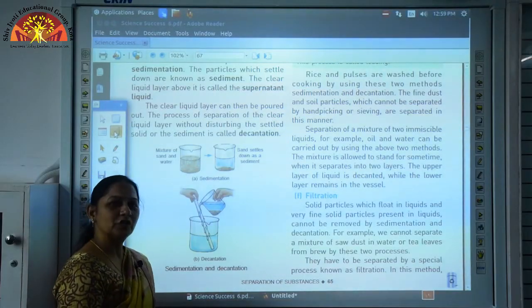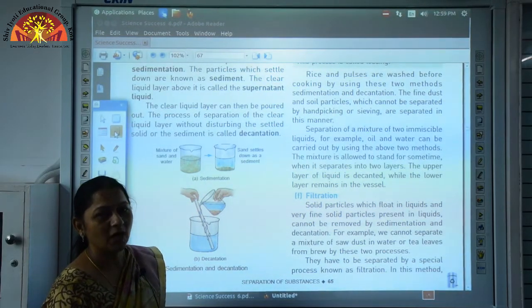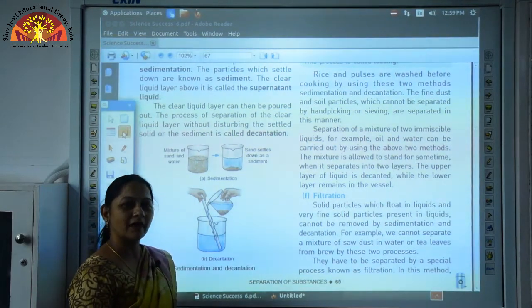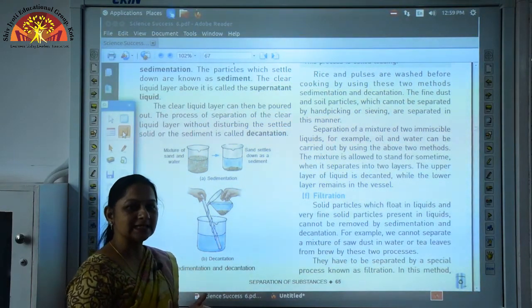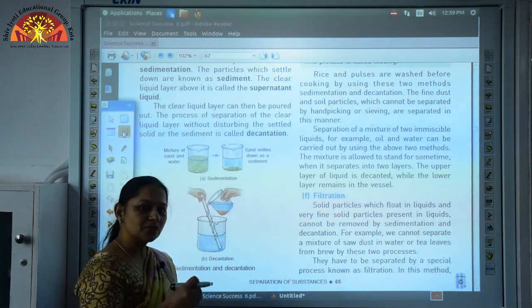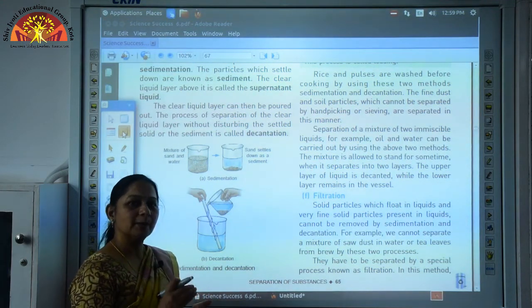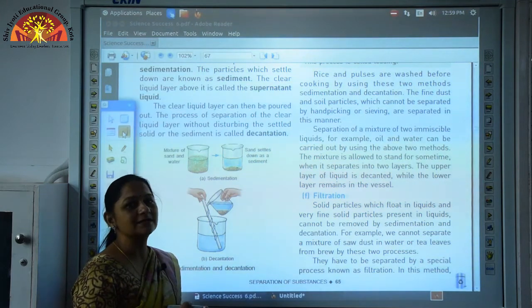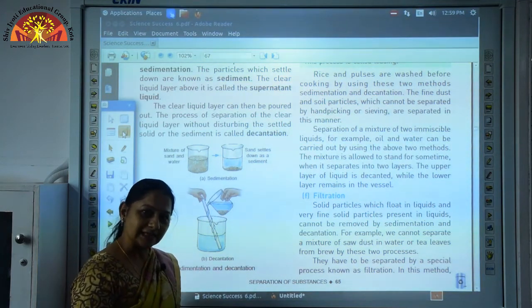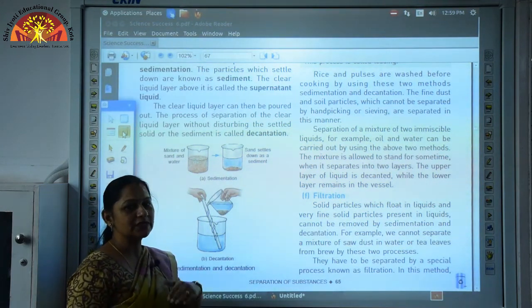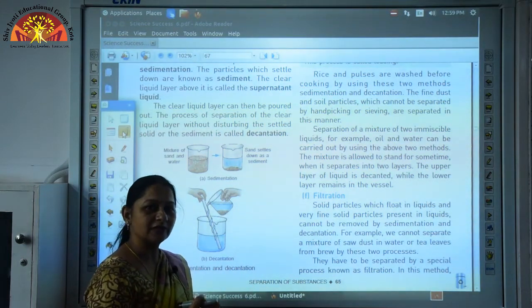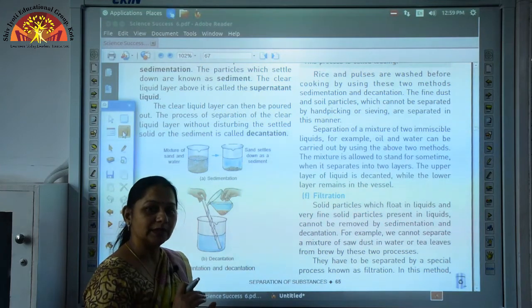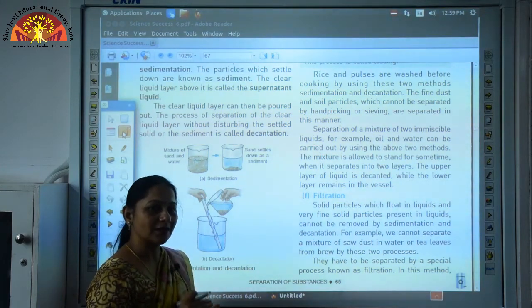So, children, you must have seen your mama when she cooks pulses or rice. Before cooking, what does she do? She takes it in a bowl and she puts water into it. The heavy rice particles or the pulses settle down, and what does she do? She decants the clear water or removes the clear water without disturbing the rice particles. So, what is this process?